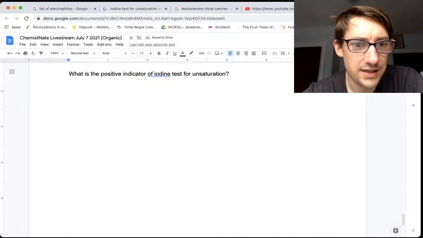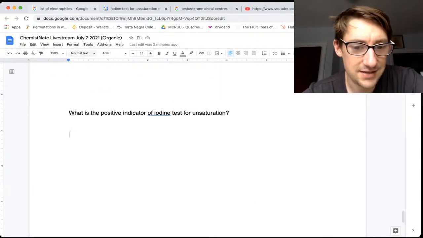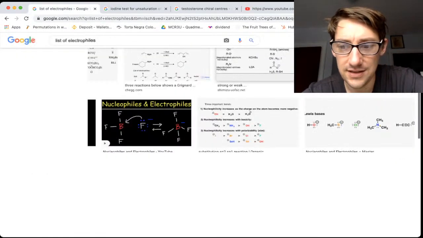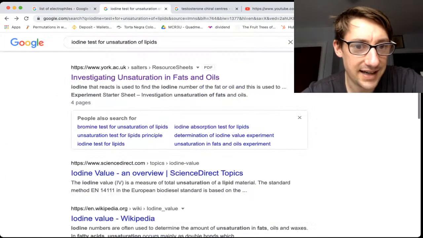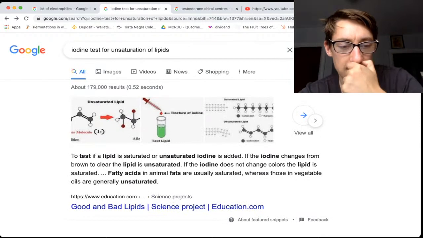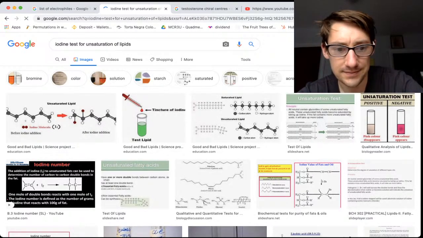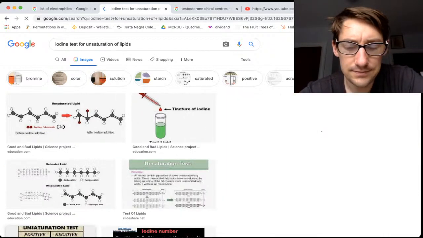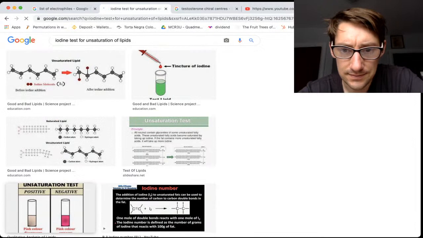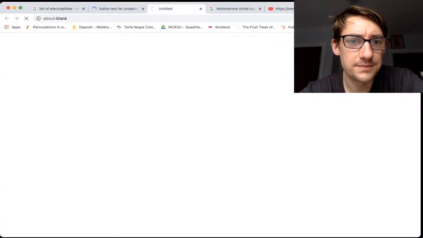The question is, what is the positive indicator of the iodine test for unsaturation? The hottest tip that I have is that image result that actually showed me a pink color disappearing. So let's go find out. Sure, I'll open you.